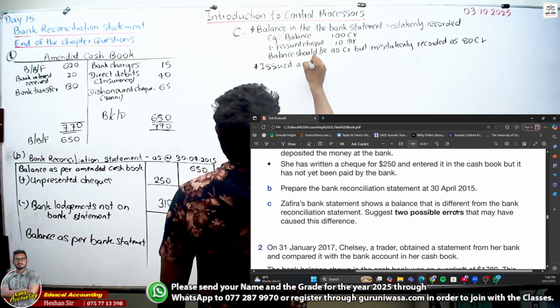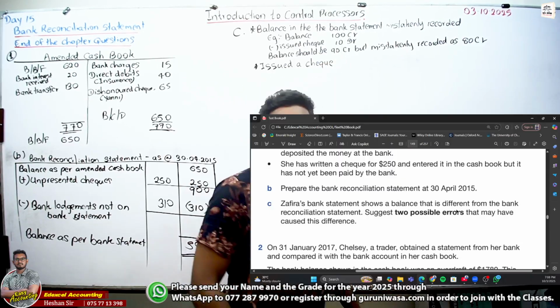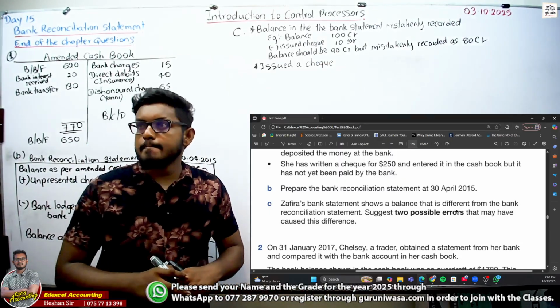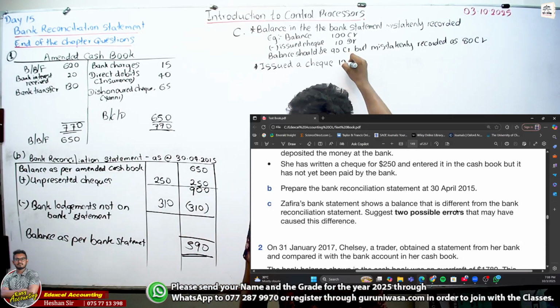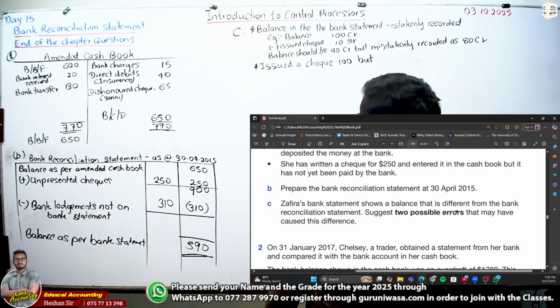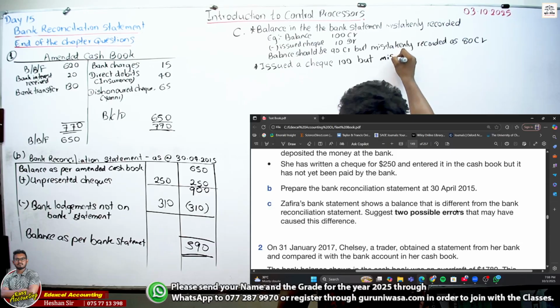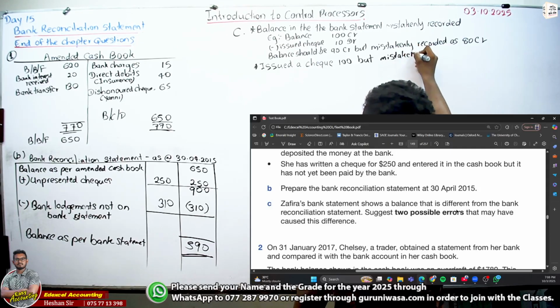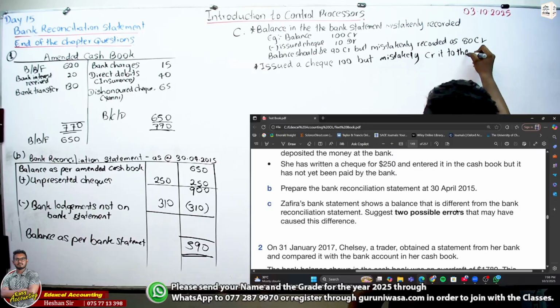Issued a check 100, but mistakenly credited it to the bank statement.